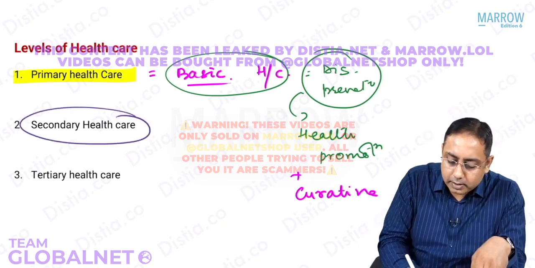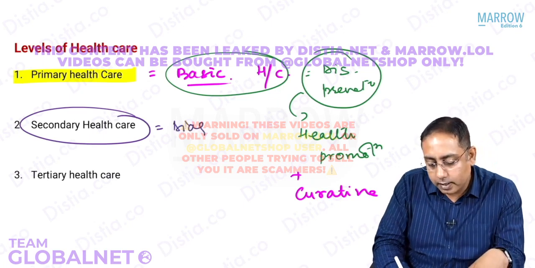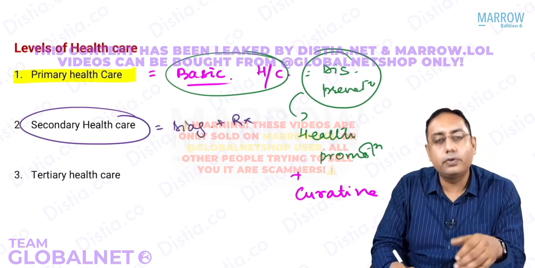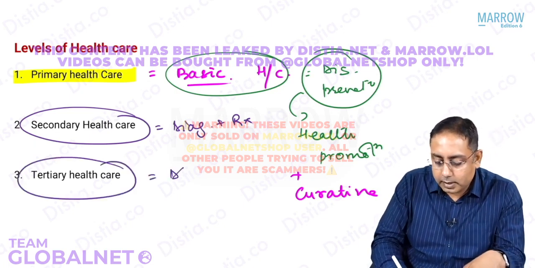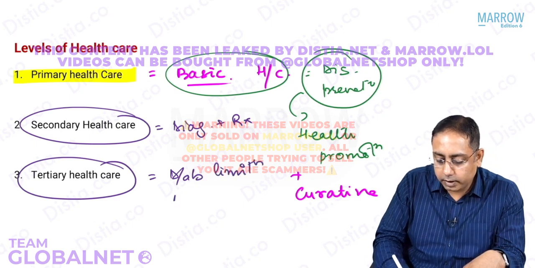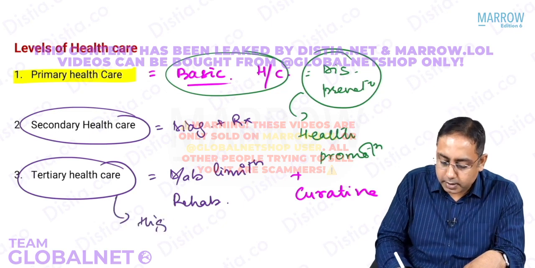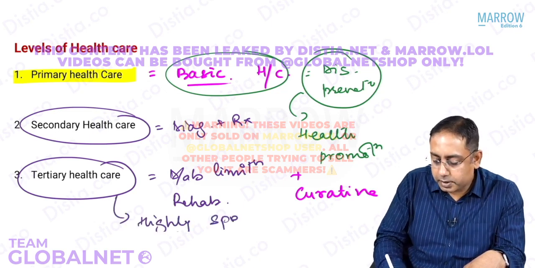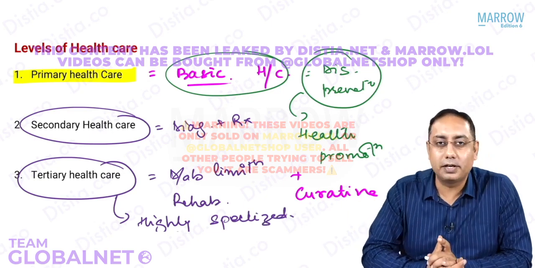At the secondary healthcare system, they offer some highly specialized diagnostic modalities, plus there will be better treatment facilities. At a tertiary healthcare system, there will be disability limitation, where you will do rehabilitation, or highly specialized healthcare facilities will be available at a tertiary care hospital.